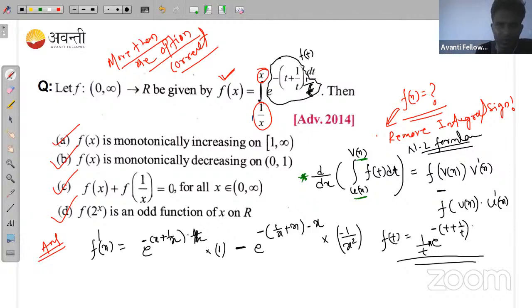So in that case it will be 1/x and in this case it will be x. क्वेश्चन में थोड़ा प्रिंटिंग एरर हो गया.